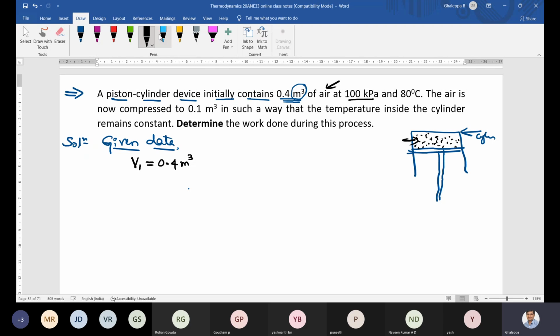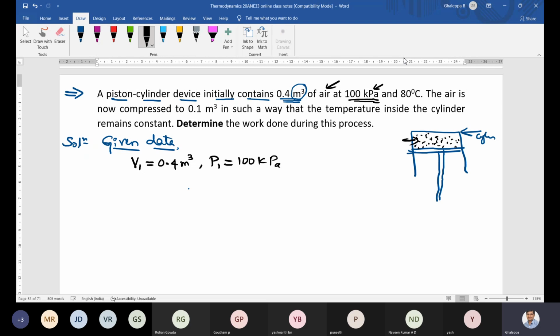At 100 kilopascal. Pascal is a unit of volume, temperature or pressure? Pressure. So pressure is given, so P1 is 100 kilopascal.